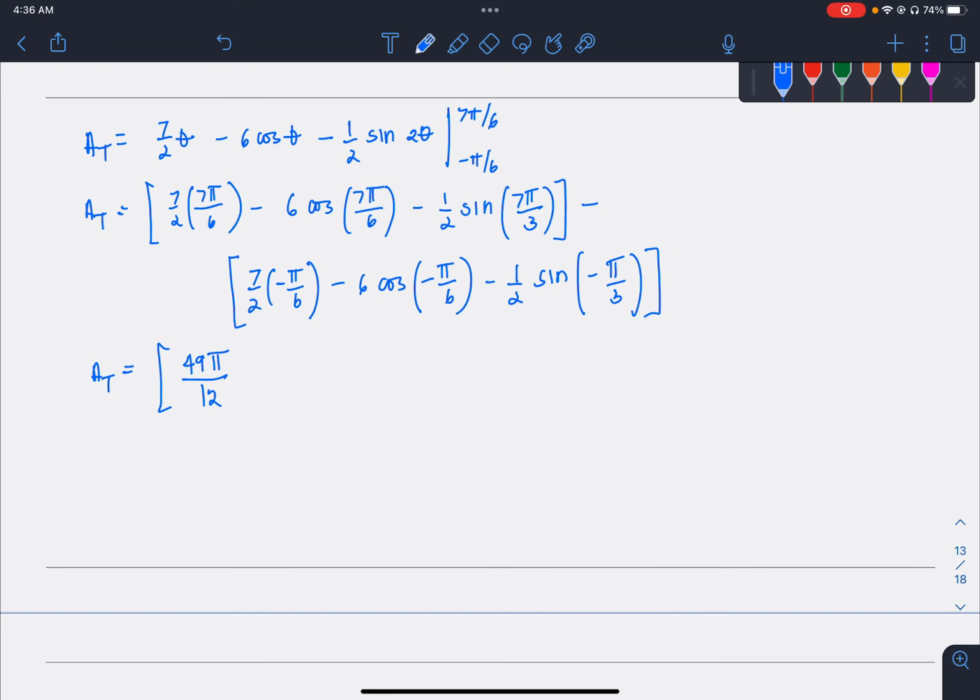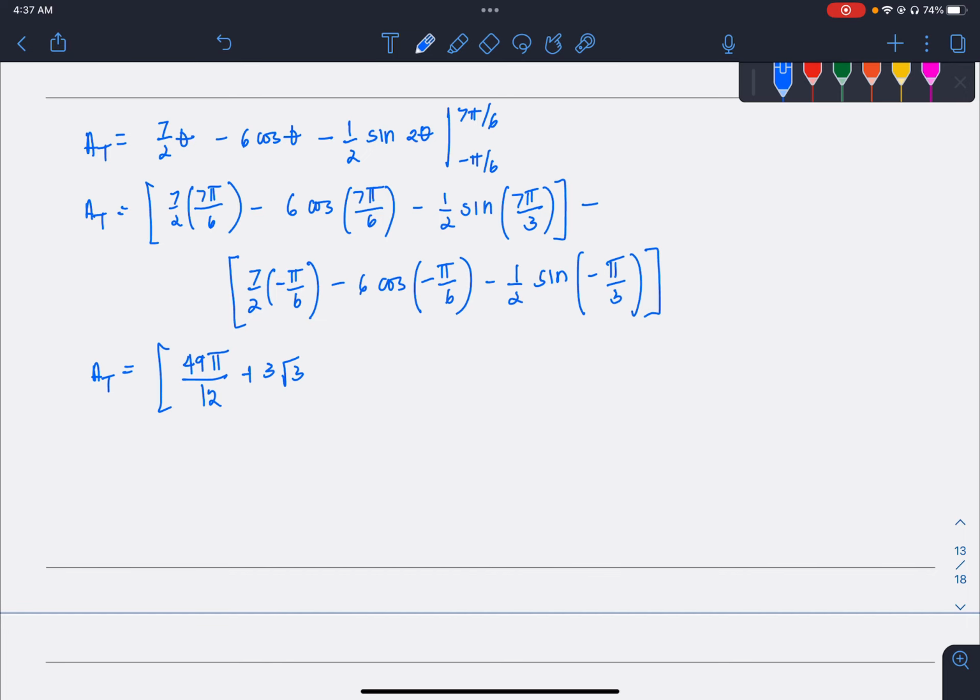So negative 6 cosine is positive 3 square root of 3. Then I'll have the negative 1/2 sine 7 pi over 3.